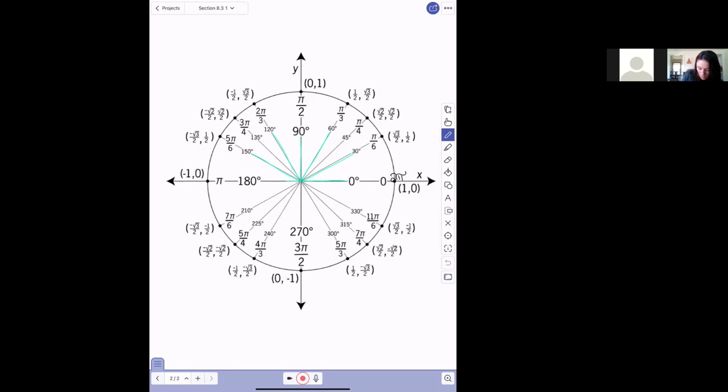The bottom part is symmetrical. We do the same exact thing, and I'll talk about the bottom part after, but we're just going to talk about this top portion first, from 0 to pi. Okay, from 0 to pi, I have 6 of these teal lines. 1, 2, 3, 4, well, 7, but 6 angles created by this teal line.